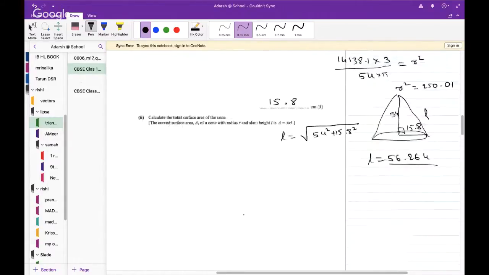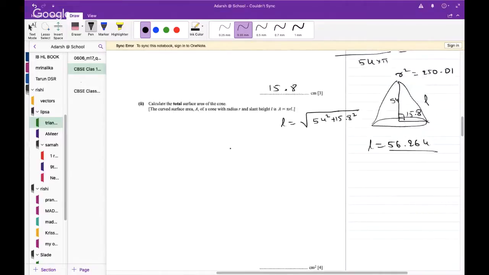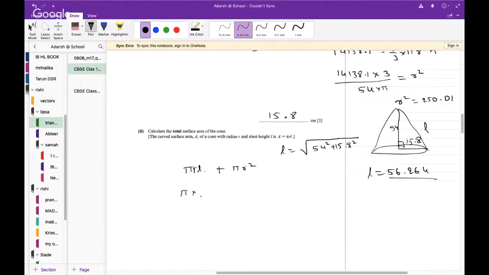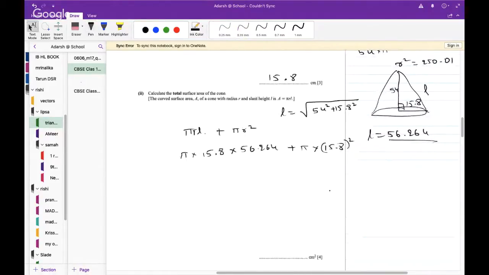Now figure out the surface area of the cone. Surface area is pi r L for the curved part plus the base area, which is pi r square. So pi into radius 15.8 into L, which is 56.264, plus pi into 15.8 square. So let's solve that.